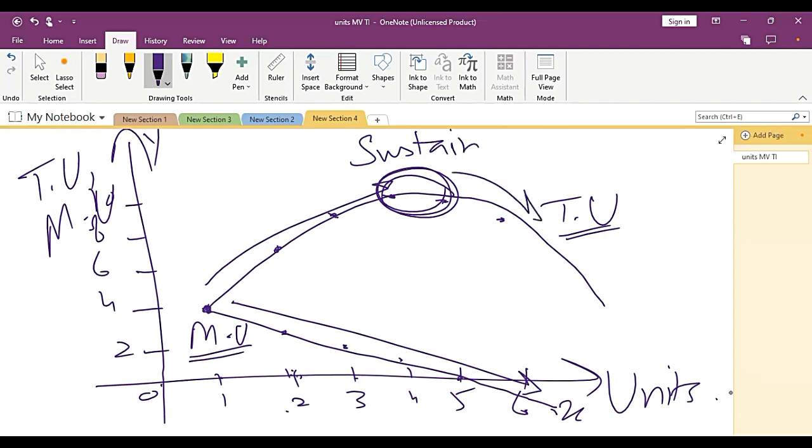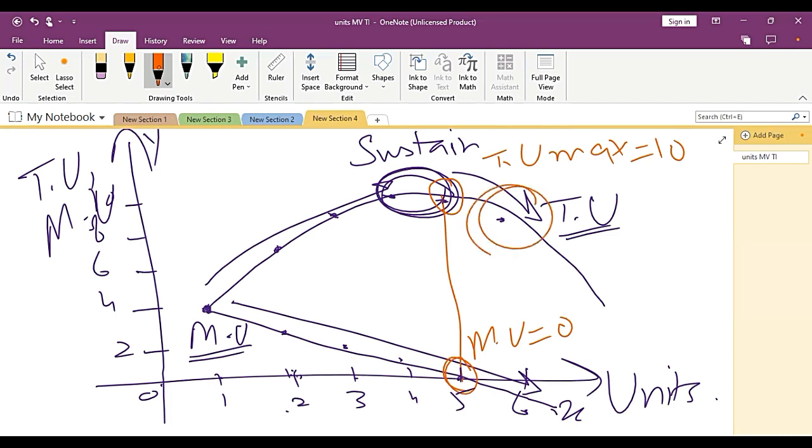After that sustained point, it starts decreasing with a decrease in marginal utility. If both points are connected, this is point 5 at which marginal utility is 0 but total utility is maximum, that is 10. So this will be the consumer equilibrium point, at which marginal utility is 0 while total utility is 10, or maximum.